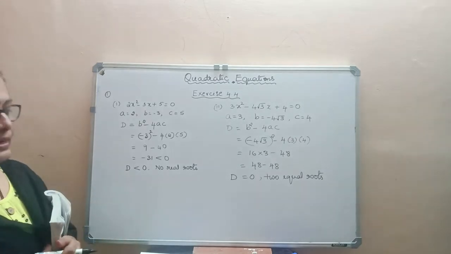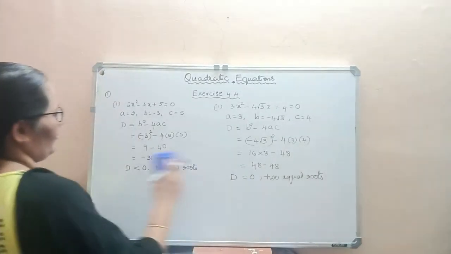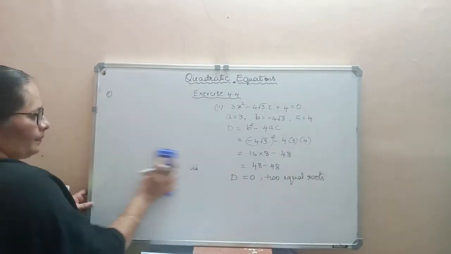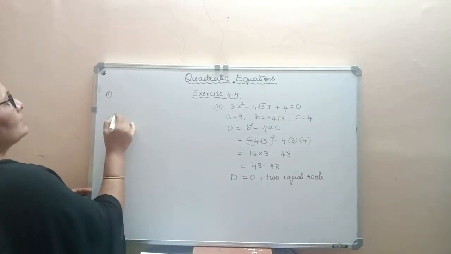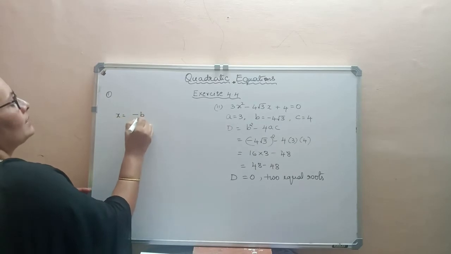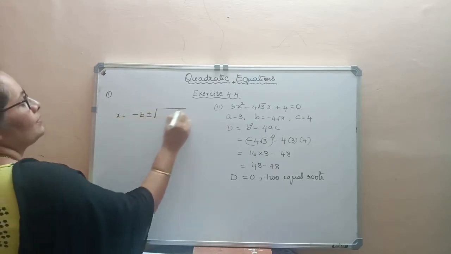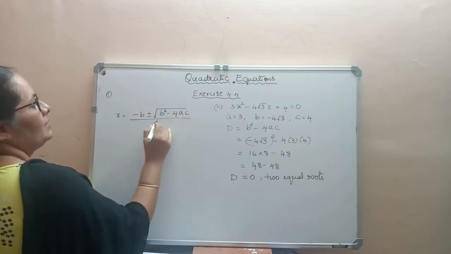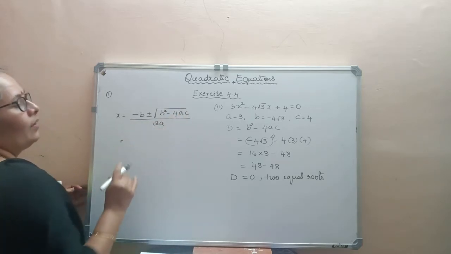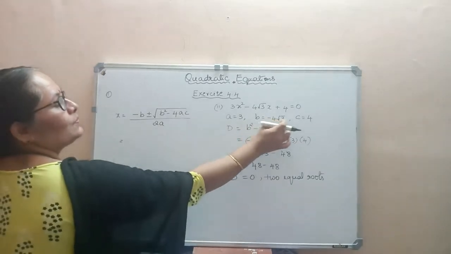Now we have to find these 2 roots. So you can use the quadratic formula. x equals minus b plus or minus root b square minus 4ac, divided by 2a. What is b here? Minus 4 root 3.